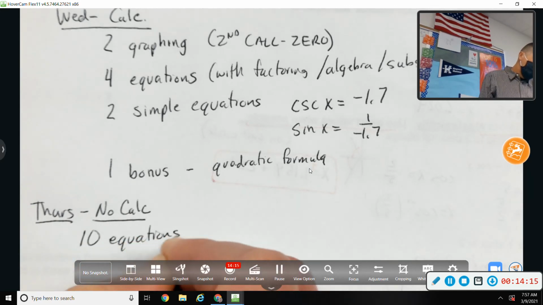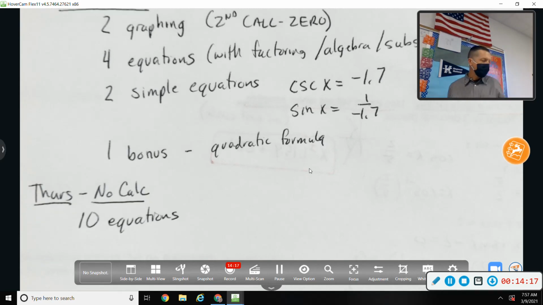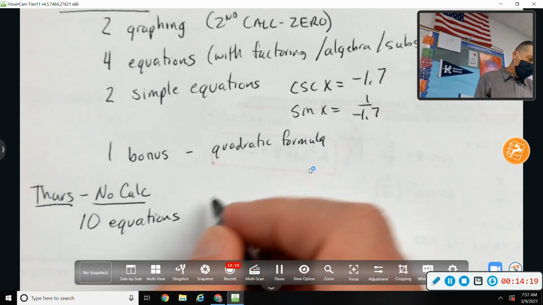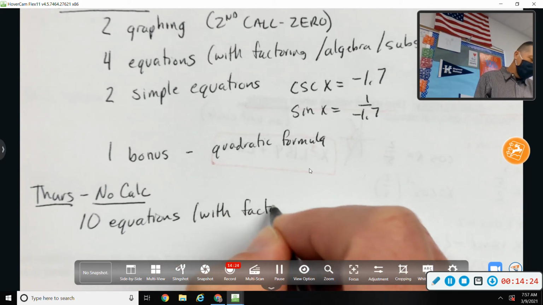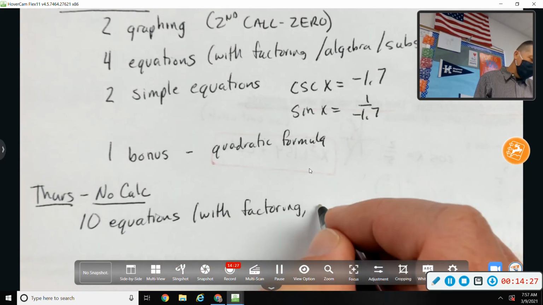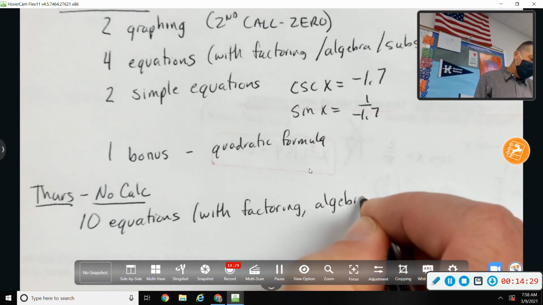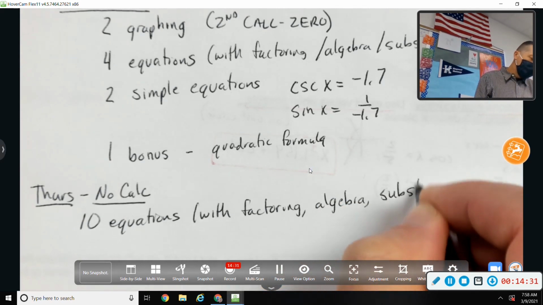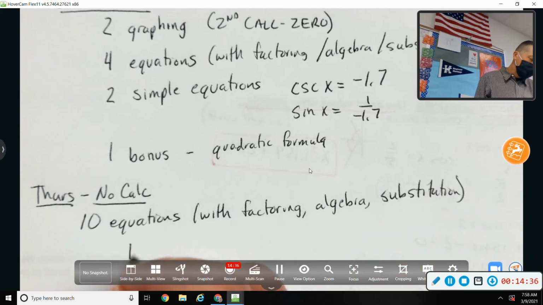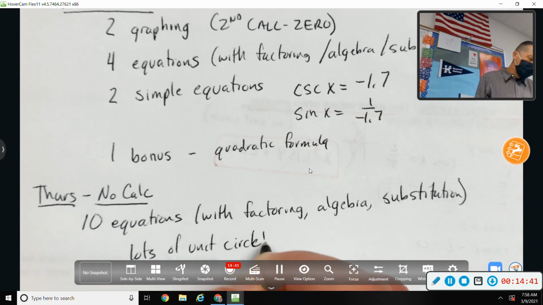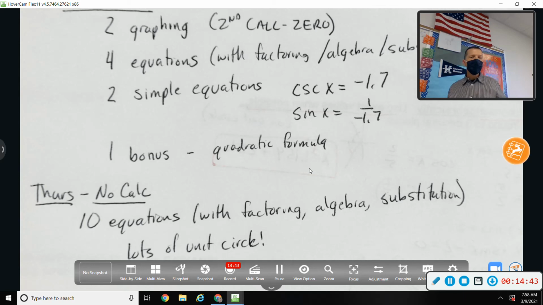There's 10 equations of varying difficulty, of course, but it might involve factoring, algebra, substitution, and obviously lots of unit circle. Only unit circle for Thursday. So that's how it'll look.